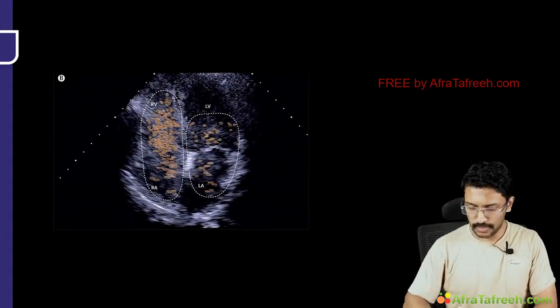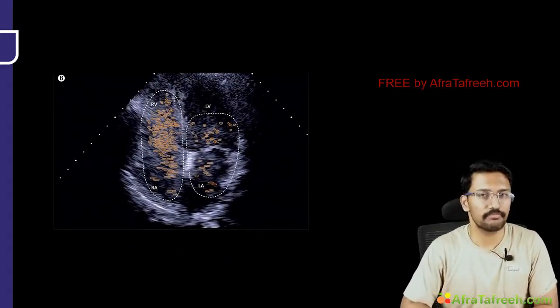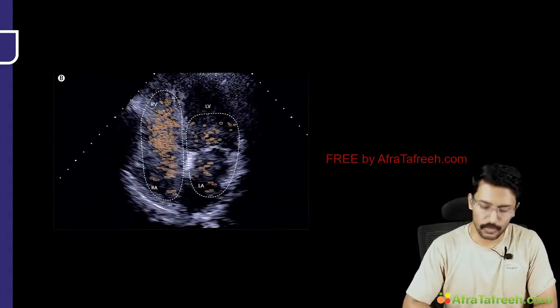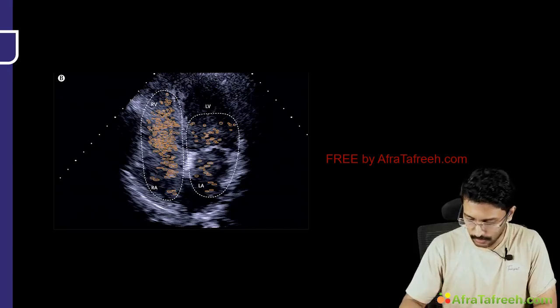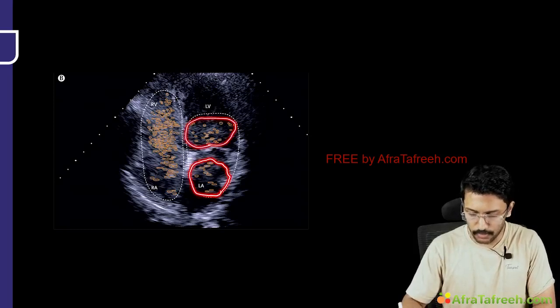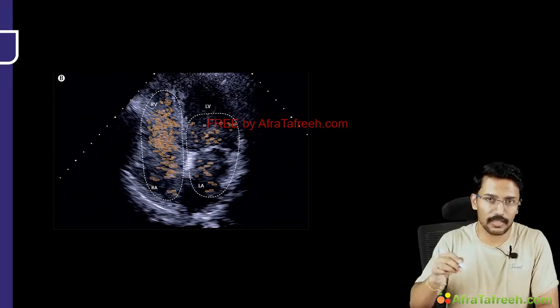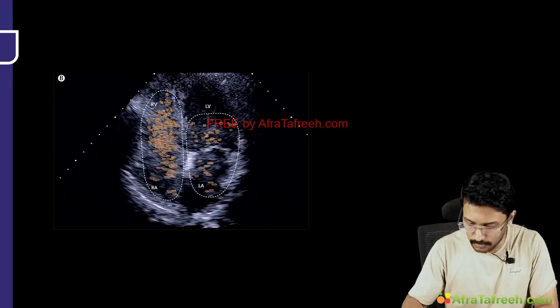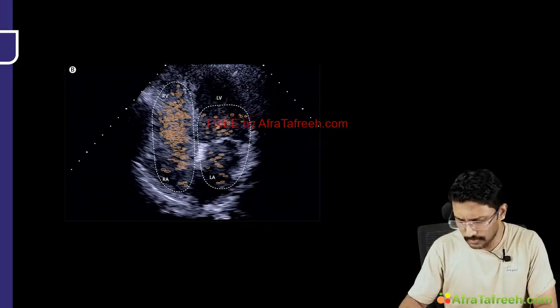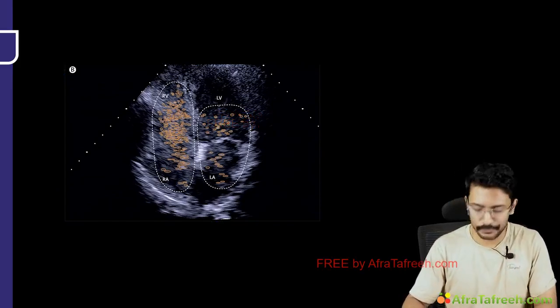Okay. Now what you see here is how we see the agitated saline echo or bubble contrast echo, right? On this side, you can clearly see that in the left atrium, we have got all those bubbles. Now those circles are not how the bubbles are going to look. They are circled for us to visualize the presence of bubbles. But when you see an image, you will clearly understand, okay, these are bubbles.